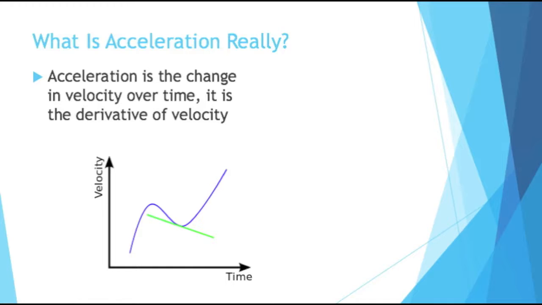So look on that image I have there, that curve. It shows velocity increasing, then it decreases a little bit, then it increases again from left to right. So this is someone increasing their speed for a little while, slowing down a little bit, and then increasing again.